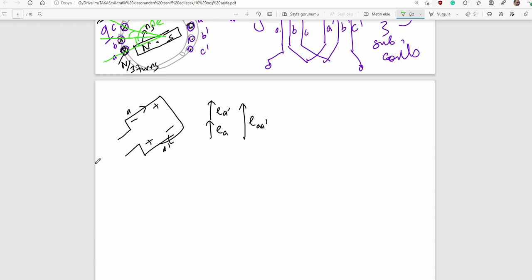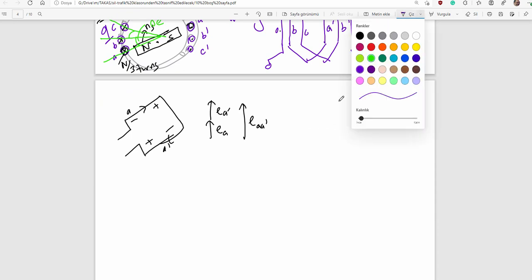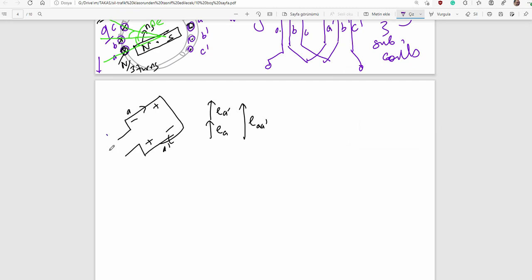So in this example here, you observe EAA prime, and then there is one more EBB prime, there is one more ECC prime.